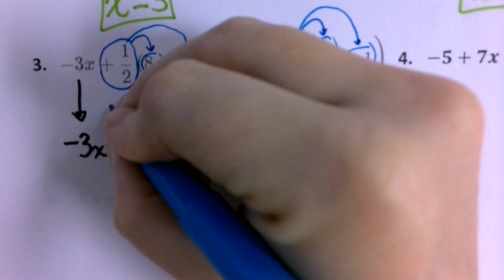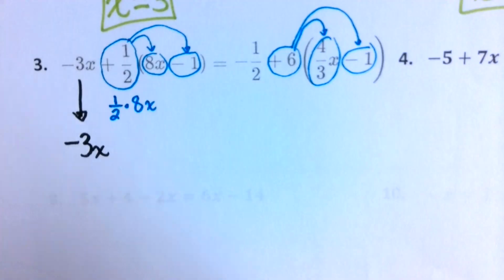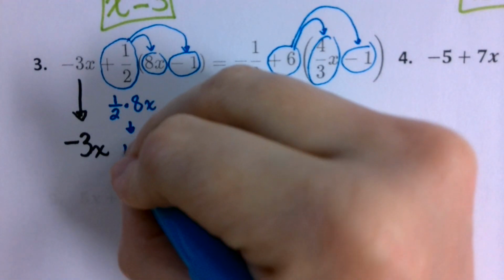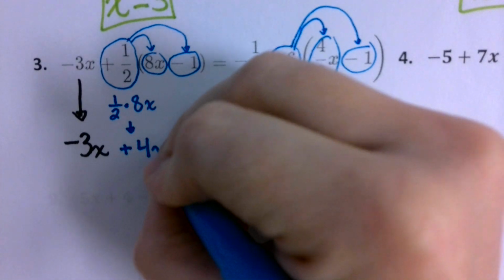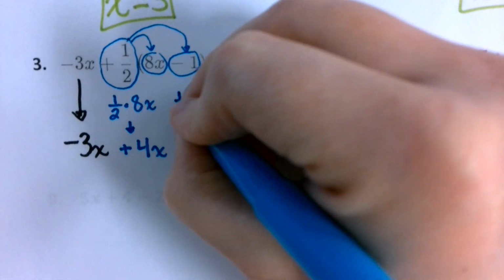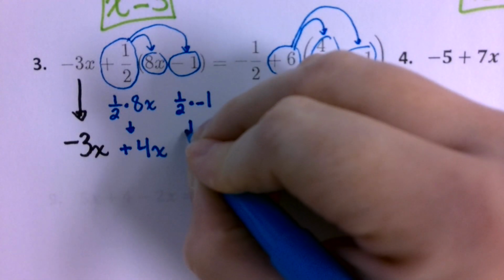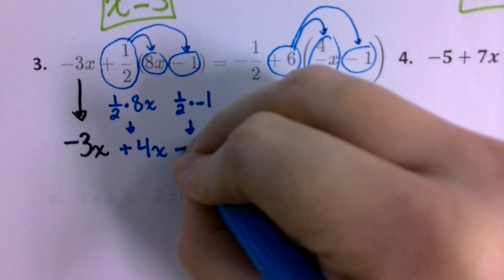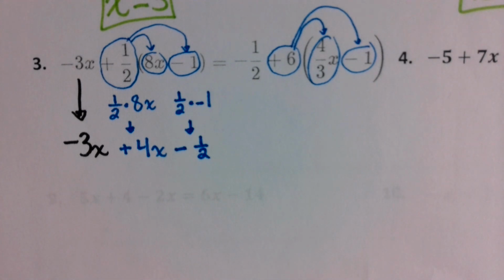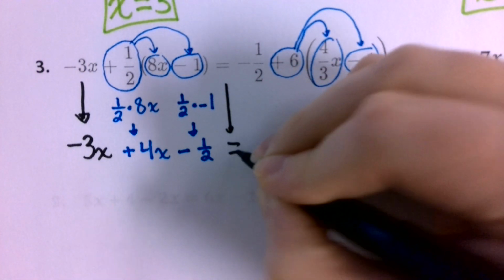Now I need to actually multiply. I'm going to do 1/2 times 8x. 1/2 times 8x is going to equal positive 4x. I need to also do 1/2 times negative 1. 1/2 times negative 1 is going to come out to a negative 1/2. I have my equal sign that's going to come straight down.